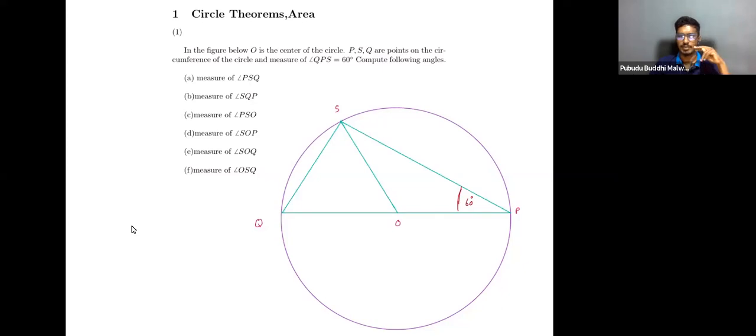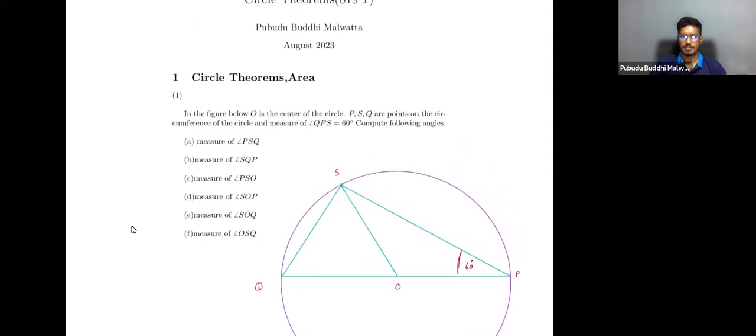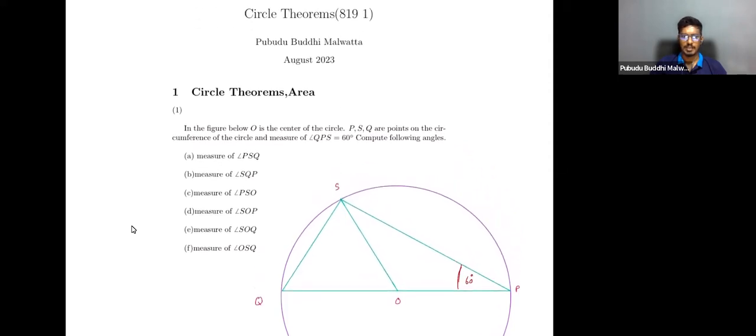That's the question. We have angle QPS, the measure of QPS, that's 60 degrees. We can use that, but that's not sufficient to compute all the other angles. Therefore, we need theorems, basically circle theorems.